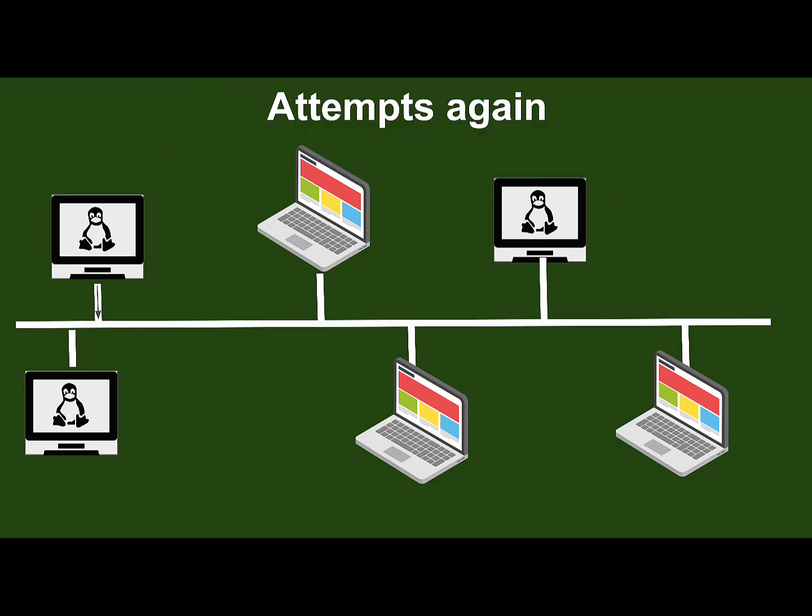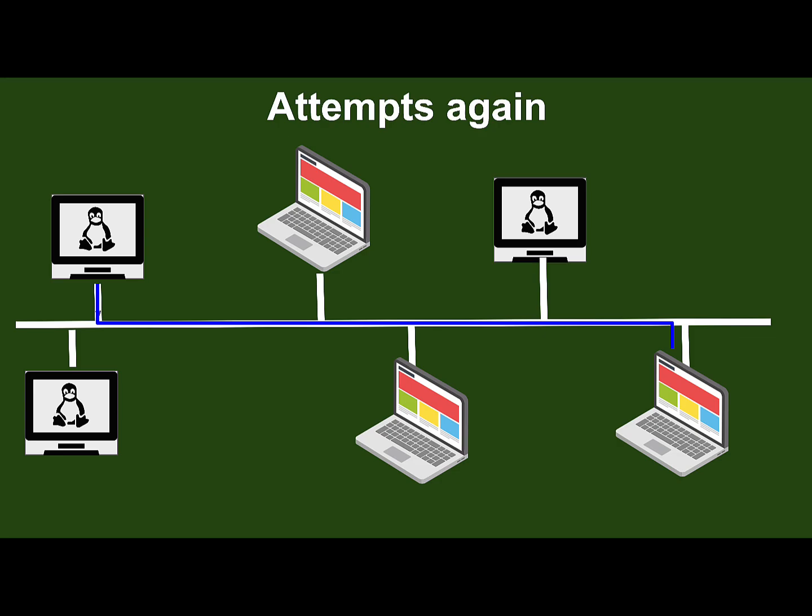Now the PC attempts to send again after it waits for that time. It starts sending the packet again, and this time again it does the same thing. It senses, and if it finds that the medium is available, then it starts sending, and hopefully this time it doesn't hit any collision, right?